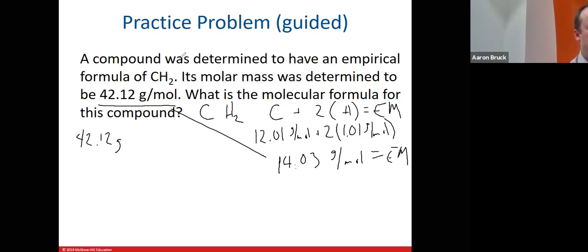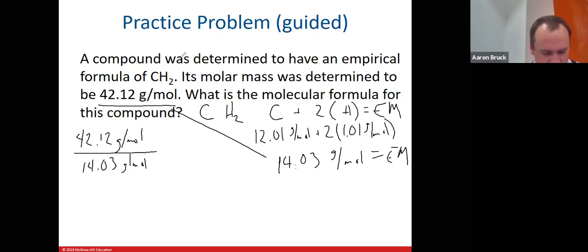42.12 grams per mole divided by 14.03 grams per mole. If I do the numbers, 42.12 divided by 14.03, I get 3.